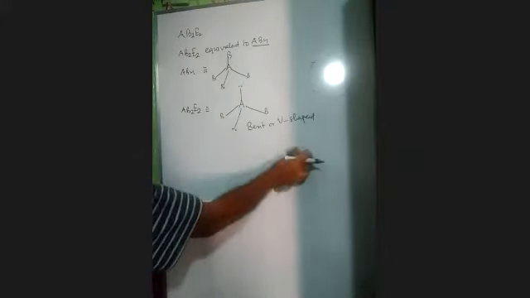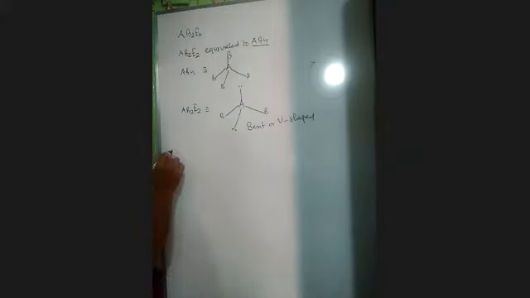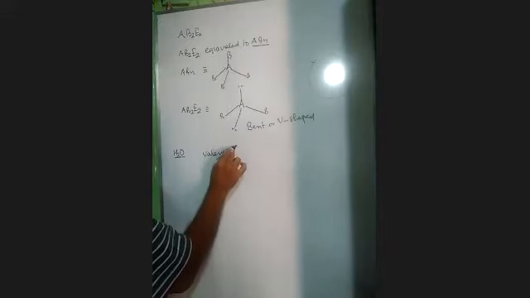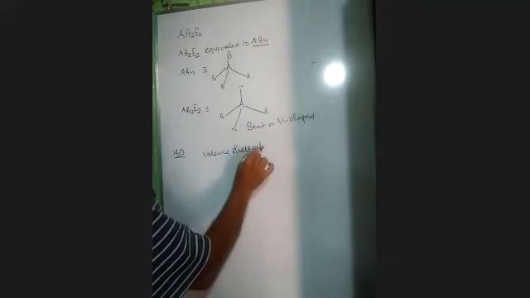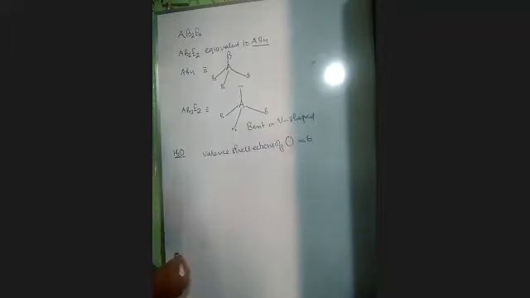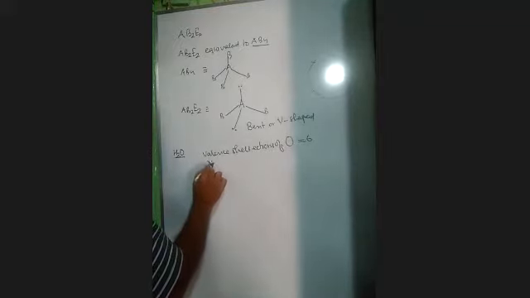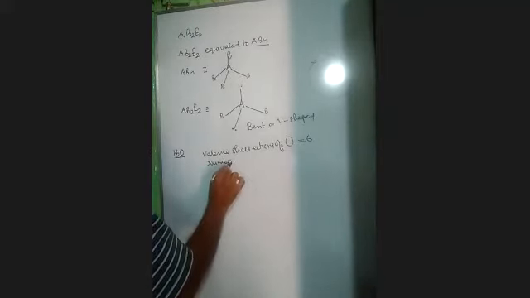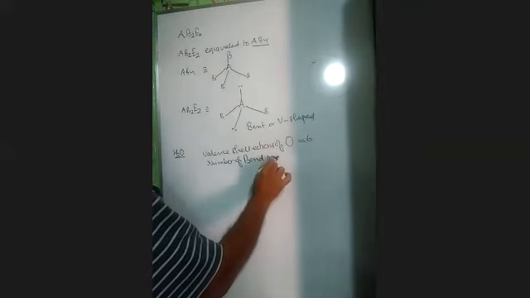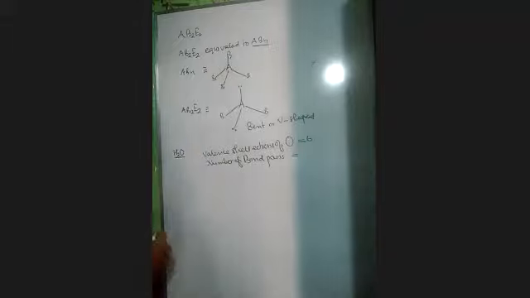Example is H2O. So what will we write here now? Valence shell electrons of oxygen, 6. How many bonds are there? 2. So number of bond pairs equal to what? 2.